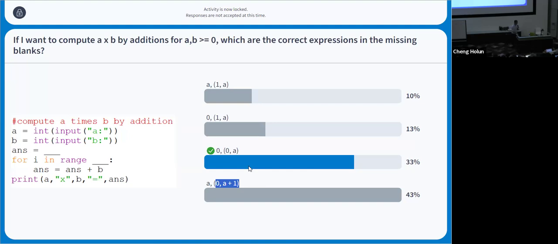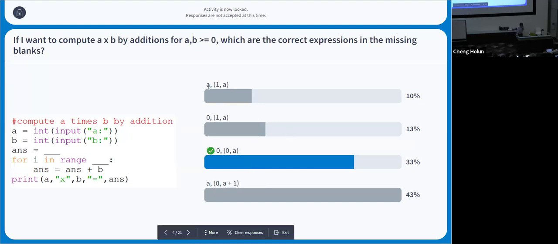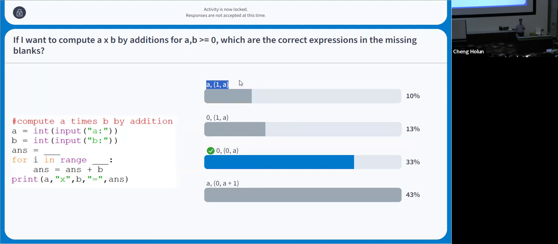Okay? And actually, why is this answer wrong? I initiate the answer as A, and now I add A minus 1 times to A. Why is it wrong? This is horrible type of coding.